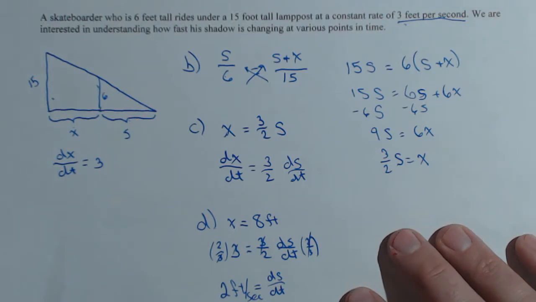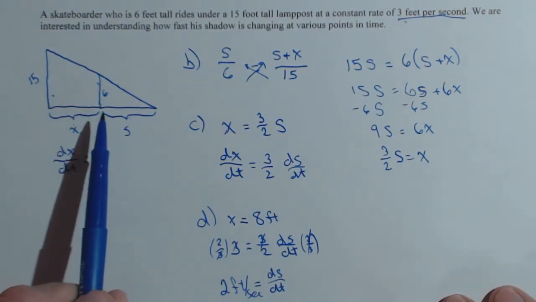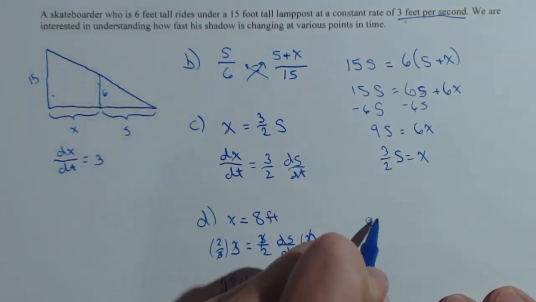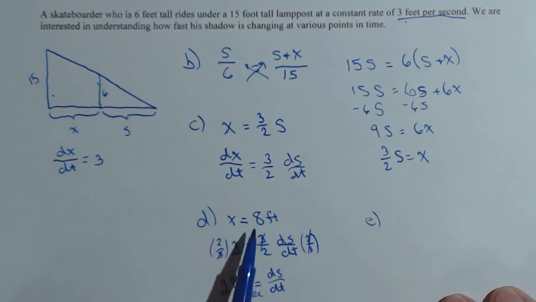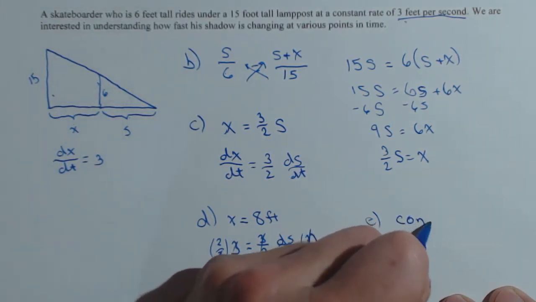Now, as the skateboarder's distance increases from the lamppost, they want to know if his shadow's length is increasing at an increasing rate, a decreasing rate, or a constant rate. Well, as we said, it doesn't matter how far he is from the lamppost. His shadow's always going to be changing at 2 feet per second, so it's going to be constant.